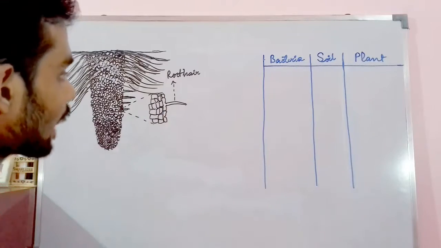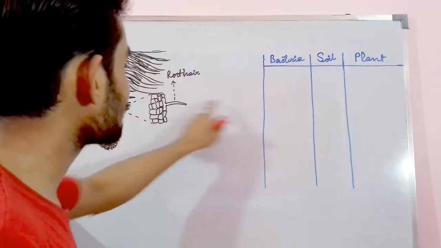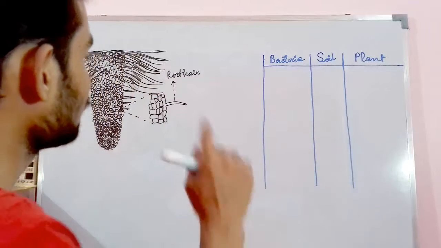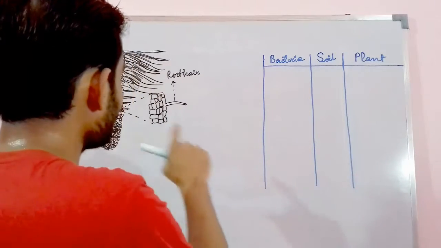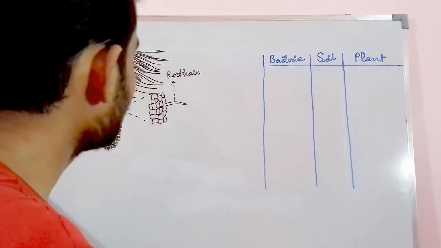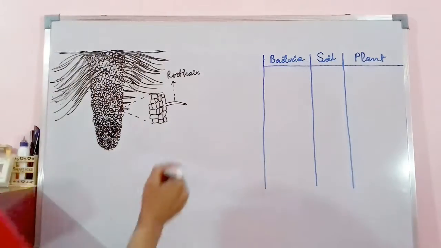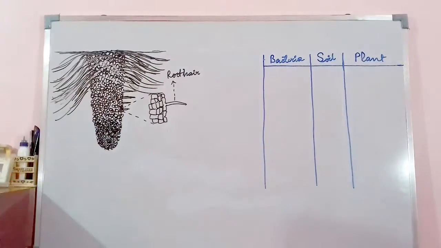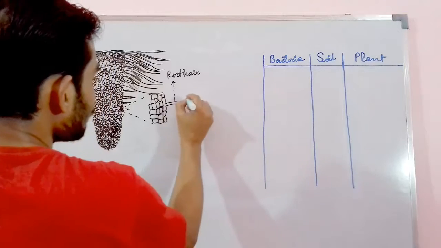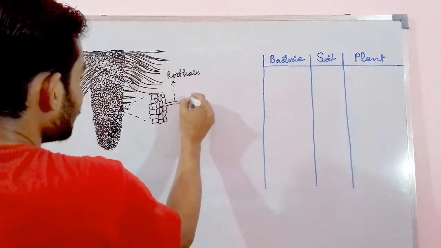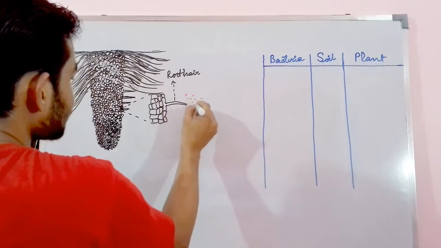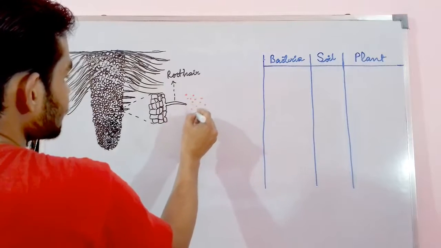Now, here what happens, let me jump into the column right now. Firstly, the bacteria, let me draw the bacteria also. Let these be the bacteria here, the rhizobium bacteria, which are present in the soil.